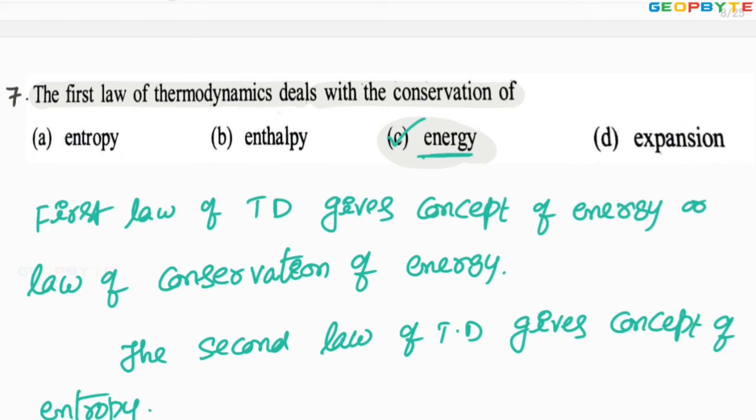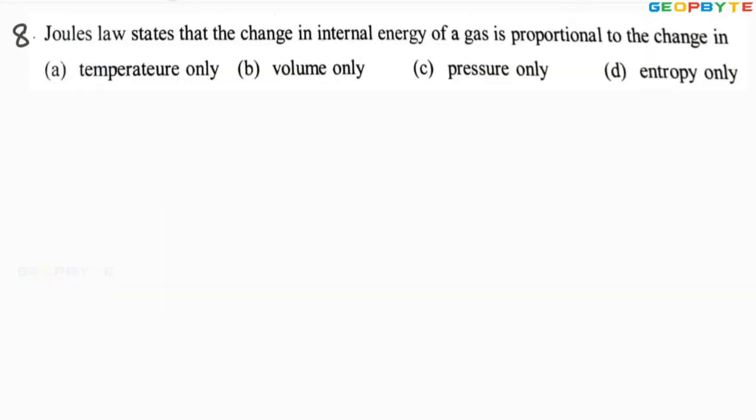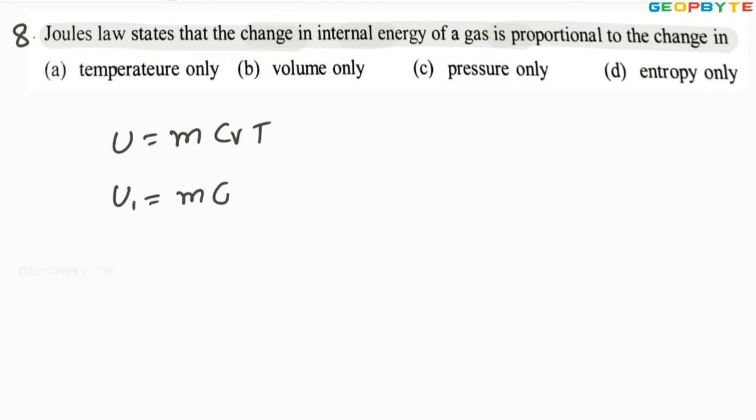Let us take another problem. Look at the 8th problem. Joule's law states that the change in internal energy of a gas is proportional to change in... According to Joule's law, internal energy U equal to m into Cv into T. Then internal energy at state 1, U1 equal to mCv into T1. Internal energy at state 2, U2 equal to mCv into T2.